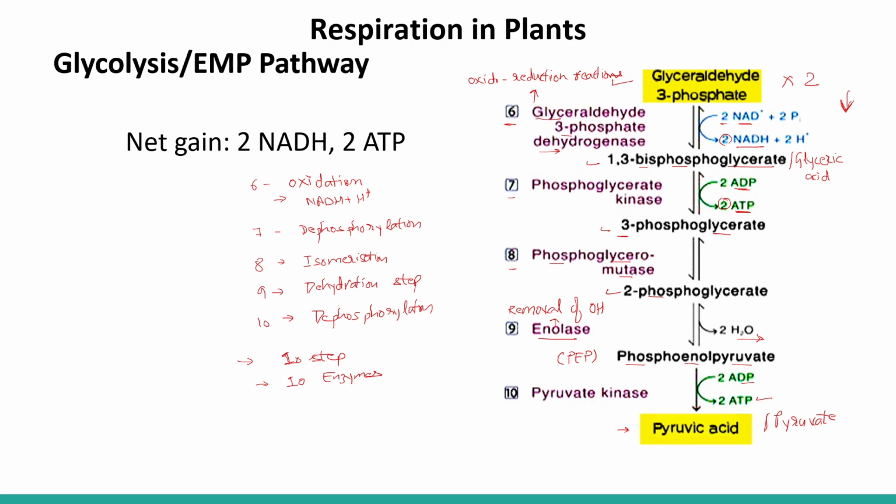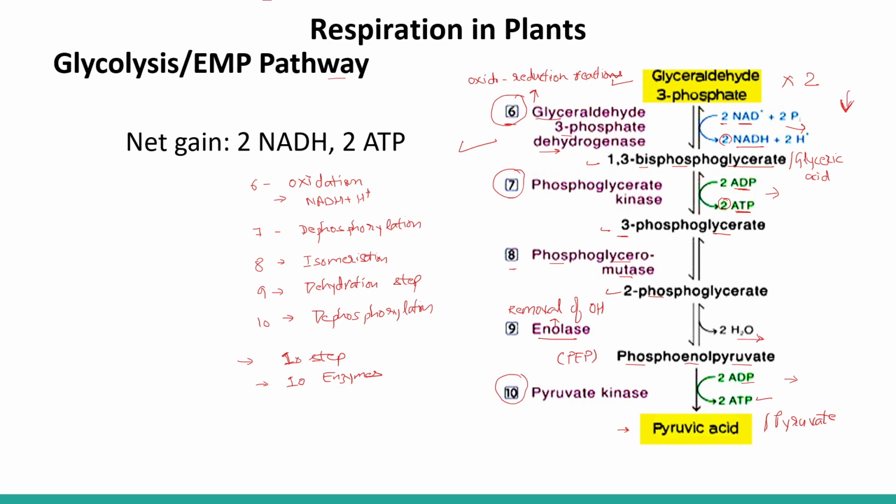And later on, ATP is also synthesized. You have to remember these steps, the 6th step and the 7th step, because you get questions from them. At which step is ATP synthesized? At which step is NADH synthesized?